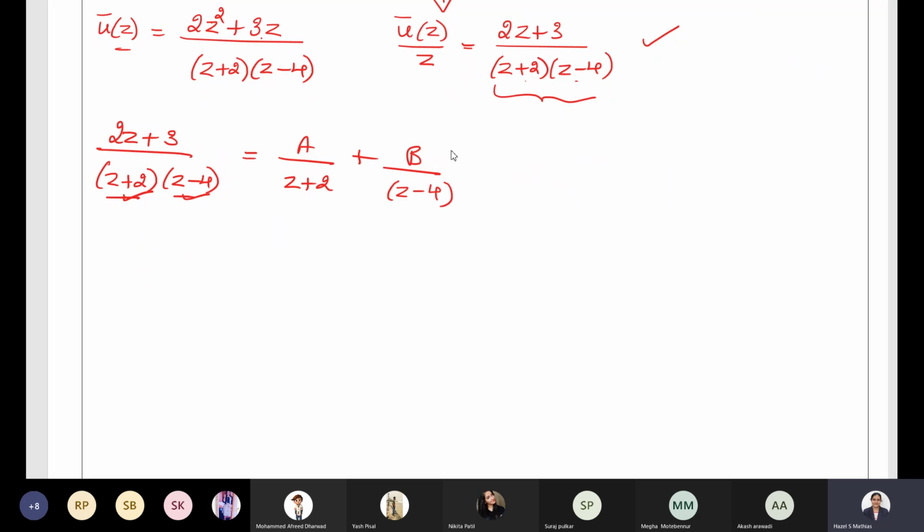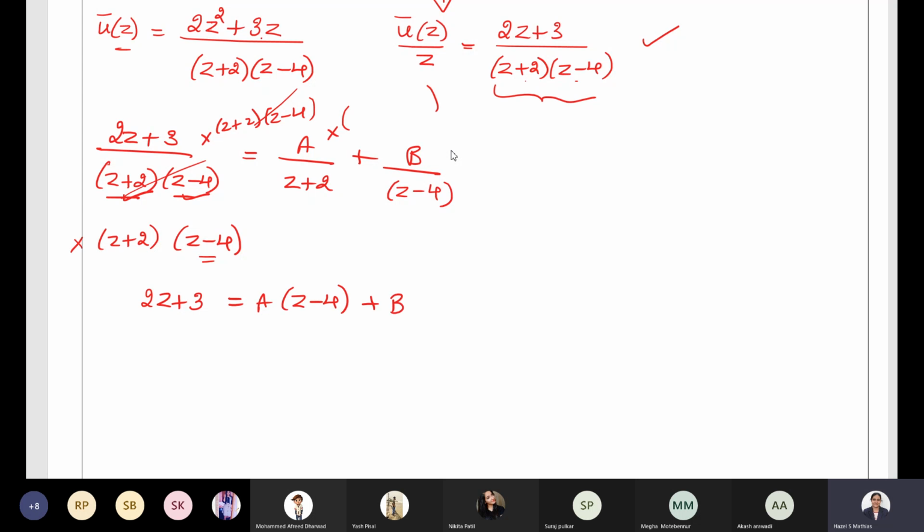Afterwards, what we do, multiply the entire expression by z plus 2 into z minus 4. When you multiply by z plus 2 into z minus 4, everything gets cancelled, only 2z plus 3 remains. So that is equal to, similarly, when you multiply the same thing over here, z plus 2 gets cancelled, z minus 4 remains, a into z minus 4 plus b into, here also you multiply by z plus 2 into z minus 4.